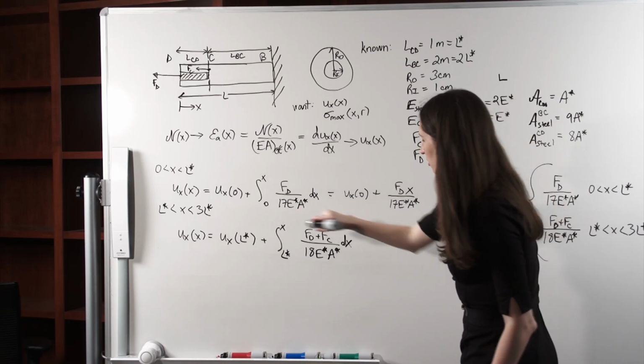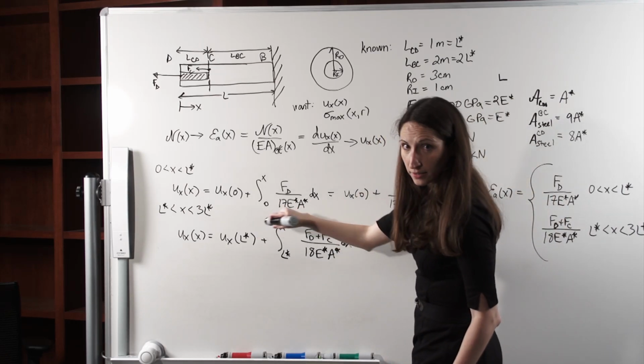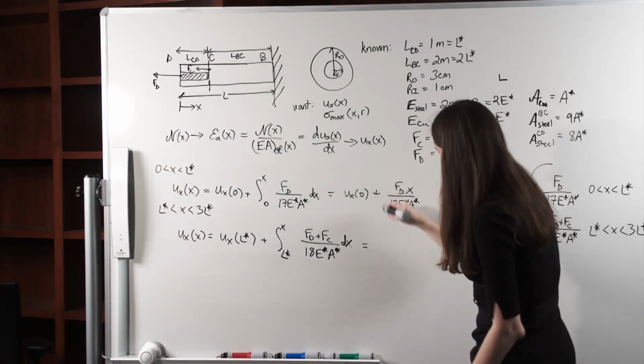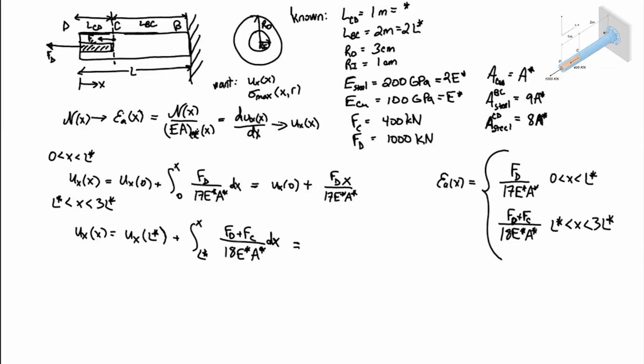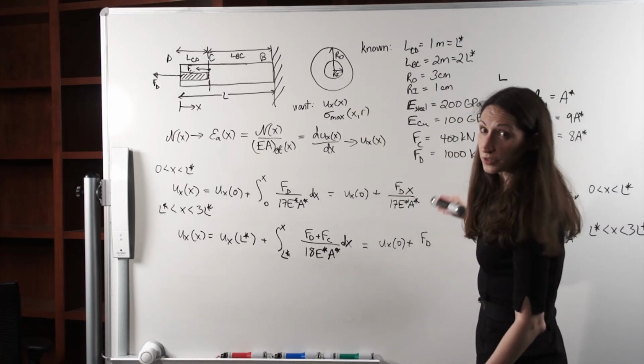And here what we're going to do is we can say, let's write this as u_x of 0 plus this component, whatever the value of the displacement field is at section C. Okay, so let's just write this down. u_x of 0 plus Fd, and here at section C, we have x is equal to L star, right?